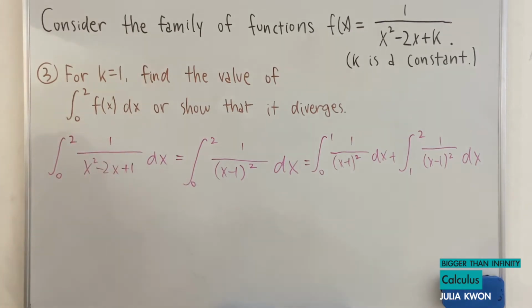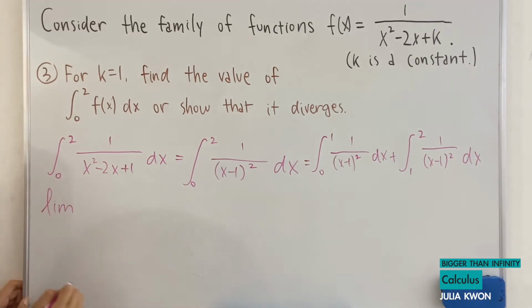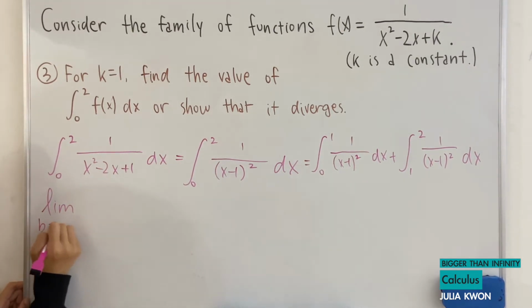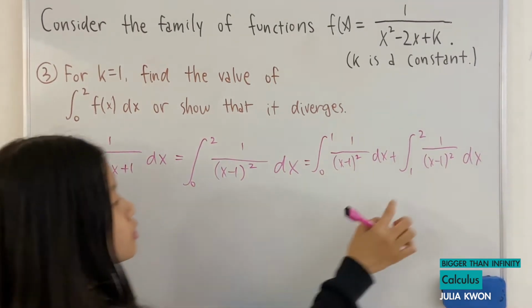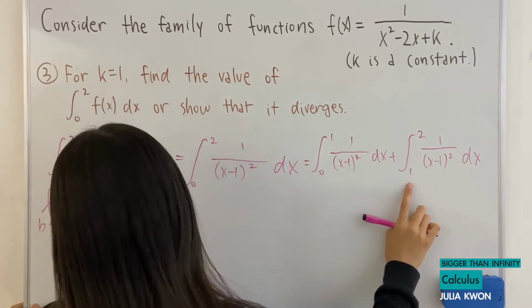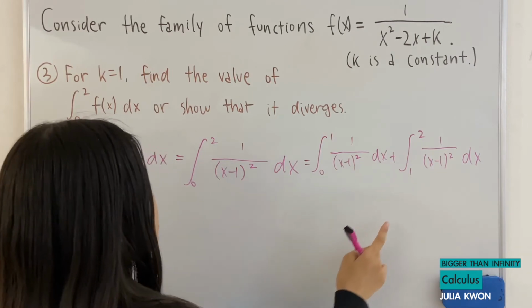And so what we're going to do is use limits. We're going to take the limit as b approaches 1 from the negative side, and for this integral later, the limit as b approaches 1 from the positive side.